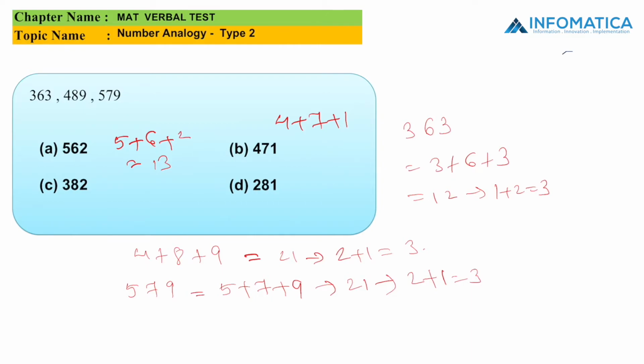So is the answer right in this? Definitely I can say that option B is the right answer, since we add 4 plus 7, which is giving us 11, and 11 plus 1 is giving me 12. So if I split 12 as 1 plus 2, I still get the answer to be as 3. Hence, I can say that option B is the right answer.